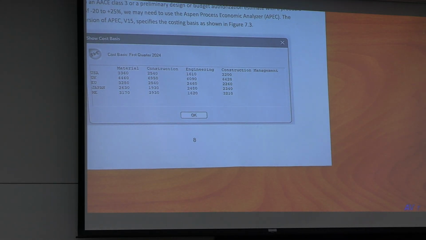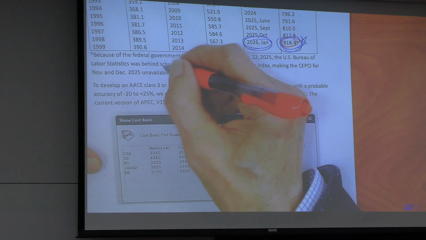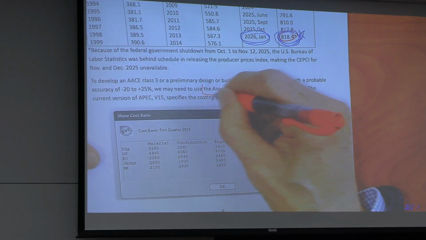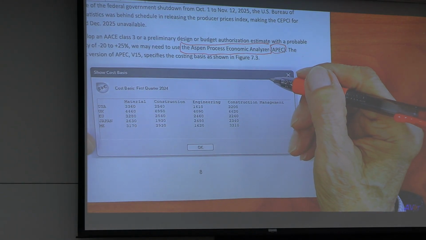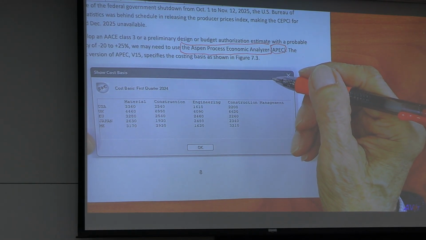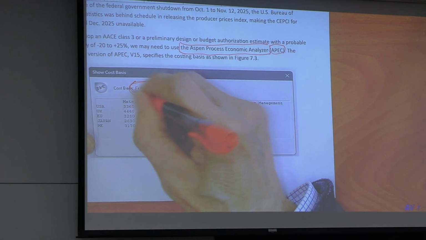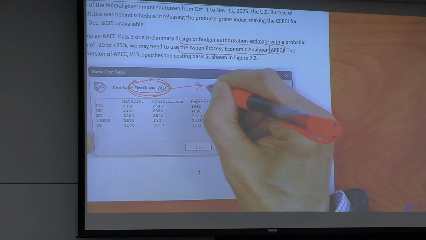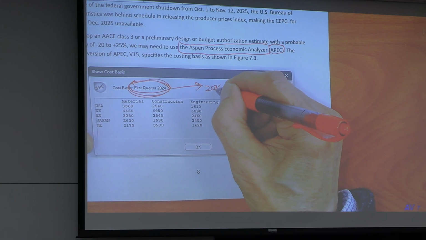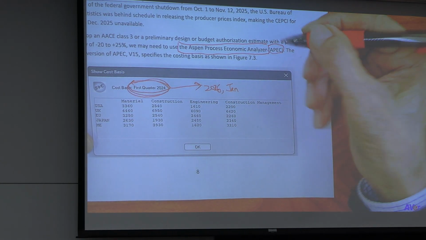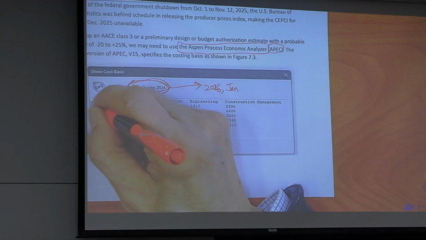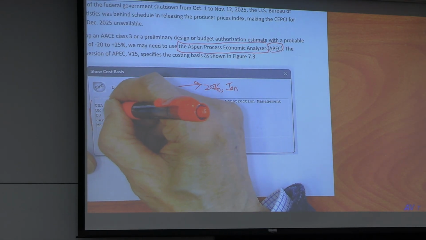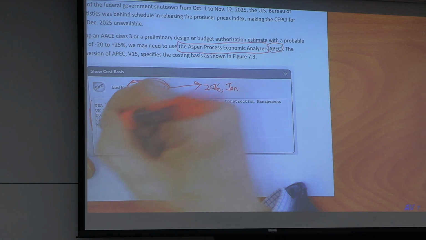So now, page 8. Another trouble: I do not want to use Aspen Process Economic Analyzer. The current software is based on first quarter 2024. How about 2026, January? I do not have the number to scale up the cost. This is based on USA, UK, European Union, Japan, Middle East.